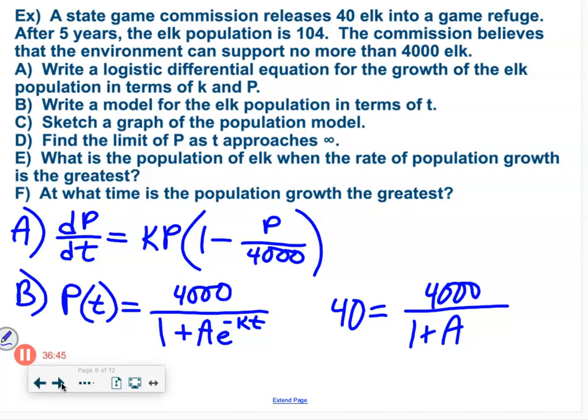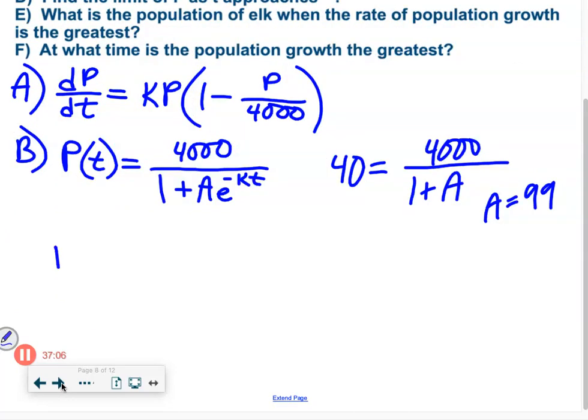I think, no, it's not 39. 4,000 divided by 100 would be 40, right? So A equals 99, right? And again, you can use your calculator. It's not like you have to do it. Okay. All right, so we've got our A.